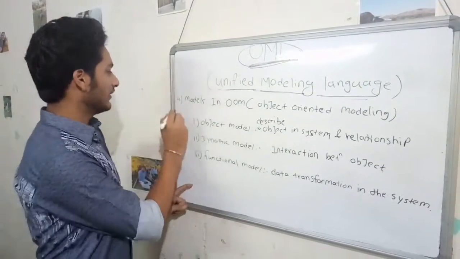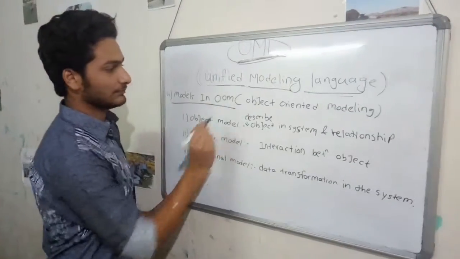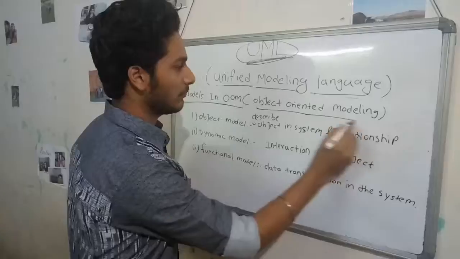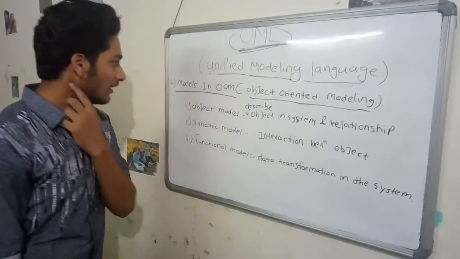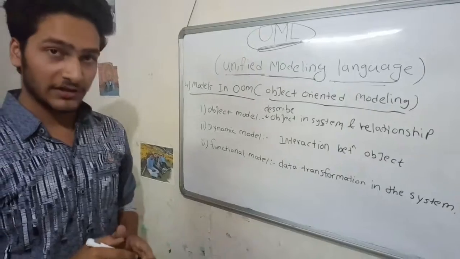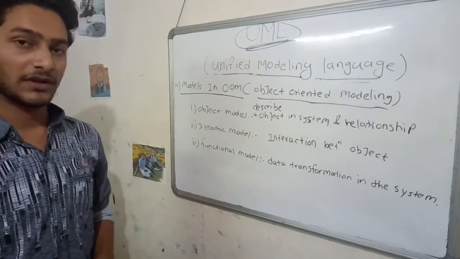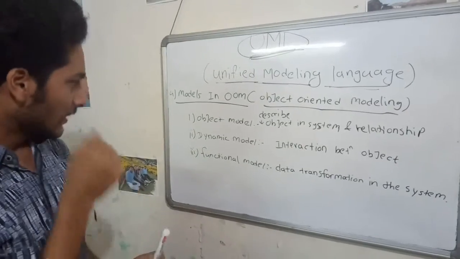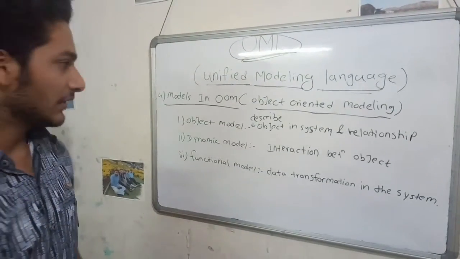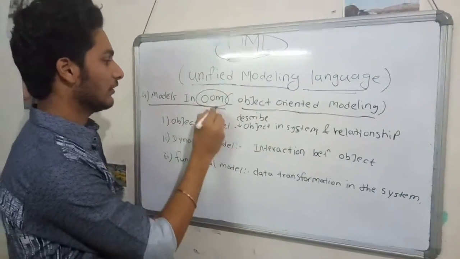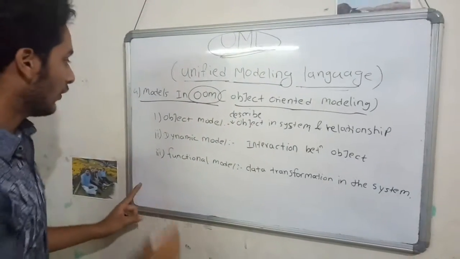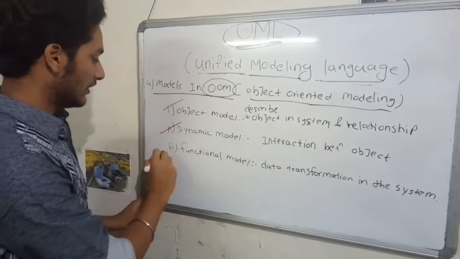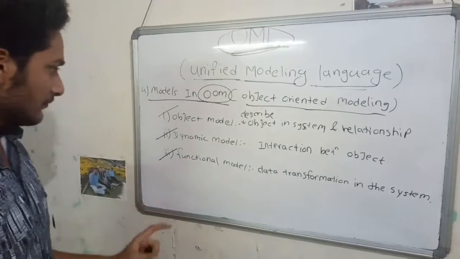The next topic in this lecture is models in OOM, that is object oriented modeling. So what is a model? A model is an abstraction of something for the purpose of understanding it before building it. We have three models in object oriented modeling: the object model, the dynamic model, and the functional model.